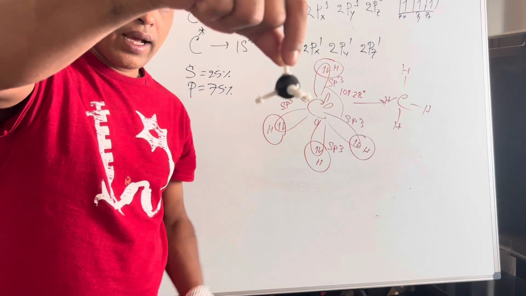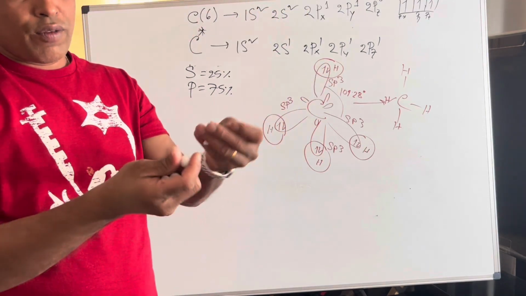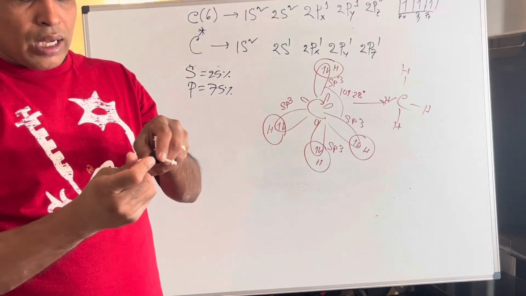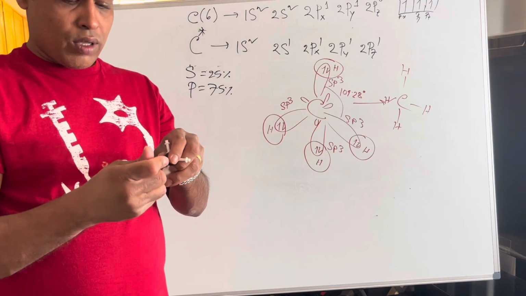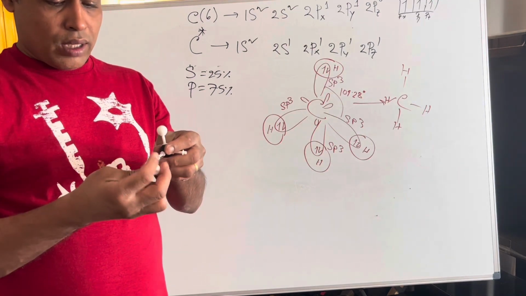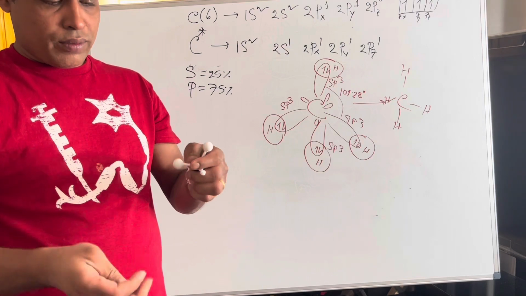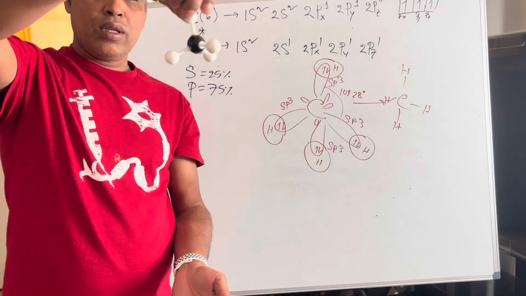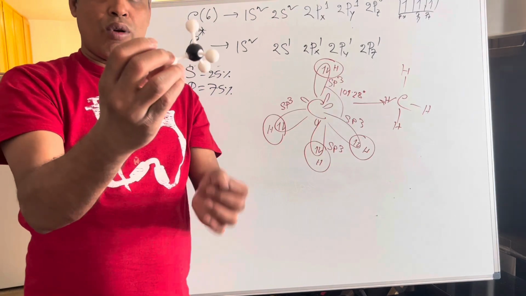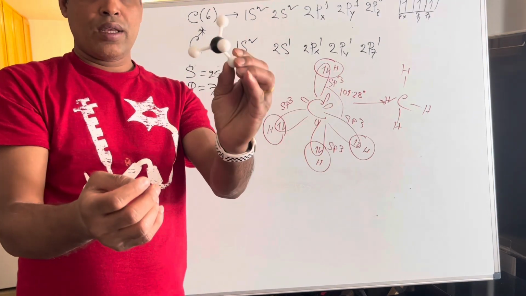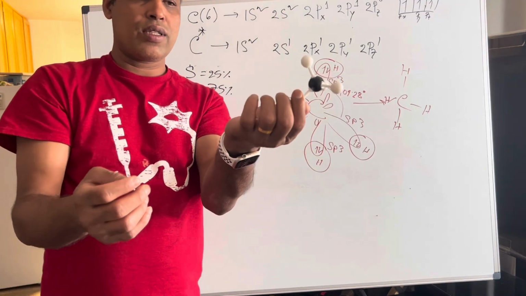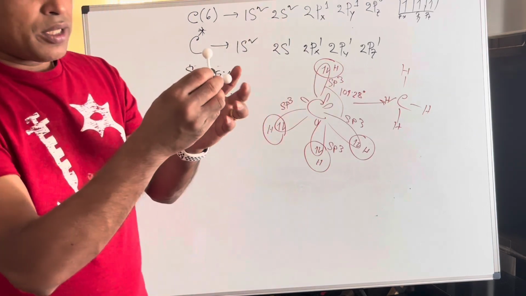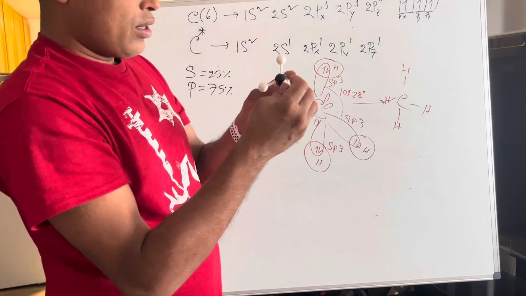You can see this tetrahedral shape. Now if you attach a hydrogen to it, you can see the methane molecule. Any side you rotate, you will see the same. So this is called sp3 hybridization, and this is the methane molecule.